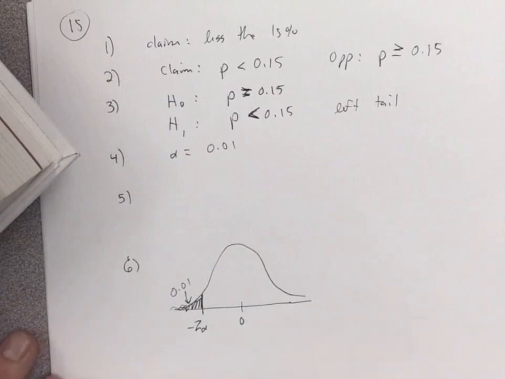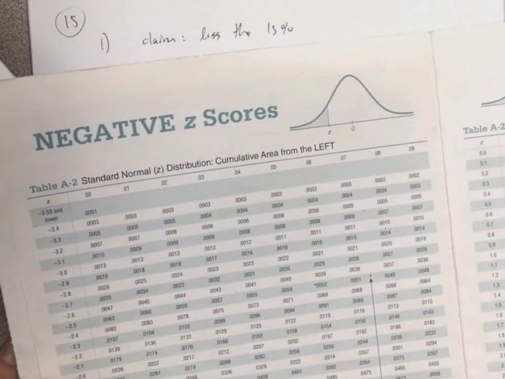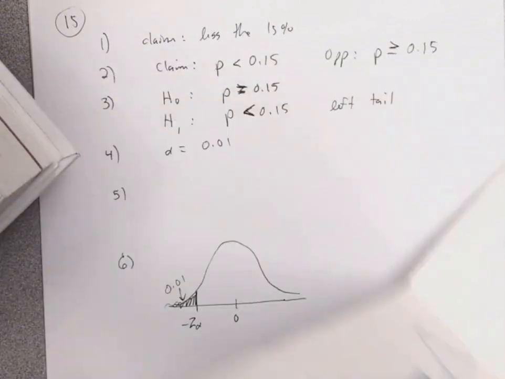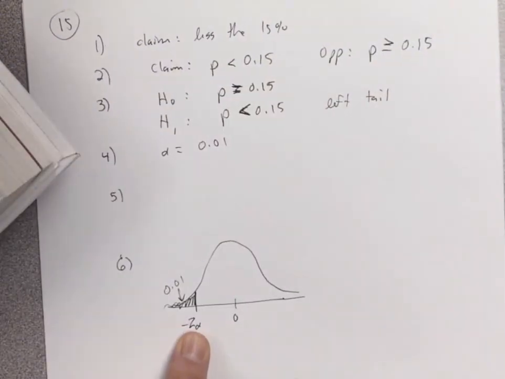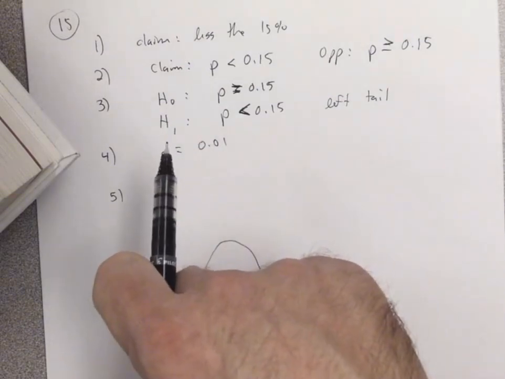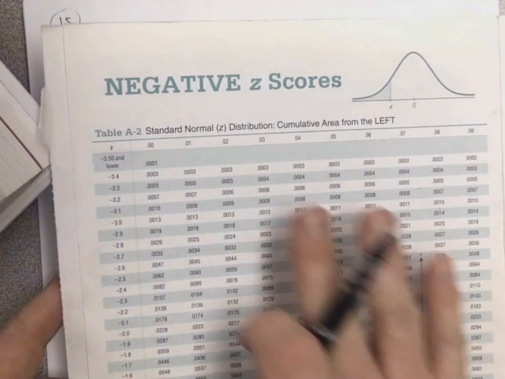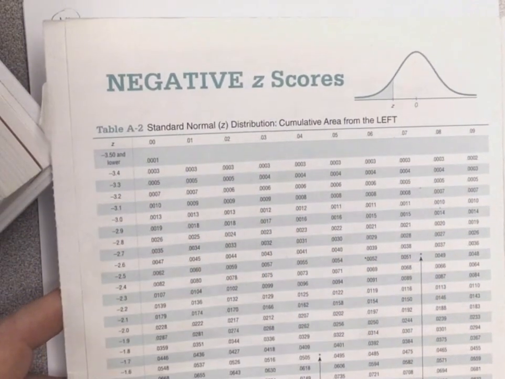Remember that when you look at the tables, this says cumulative area to the left. So what's the area to the left of this critical value? It's 0.01. Remember, if it was over here, you'd have to take this plus this. This just happens to be easy because it's left-tailed. So I'm looking for 0.01, so I'm going to be over here.